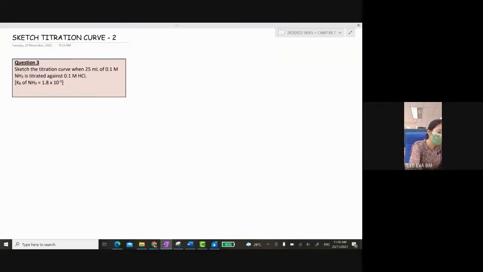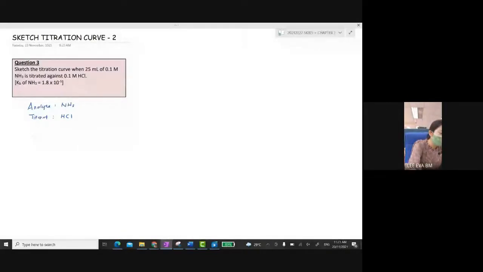NH3. So NH3 has a volume of 25 milliliters, which is fixed, and of course, titrant is HCl. So you have a weak base and a strong acid. Just now it was strong base and weak acid; now it is the reverse. The analyte is the solution contained in your conical flask.